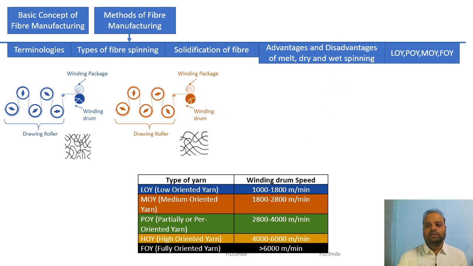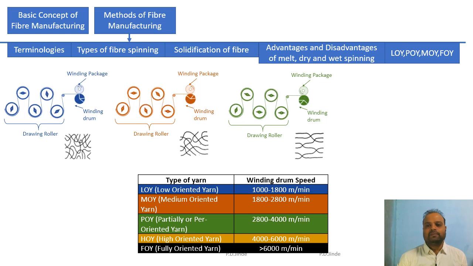In this figure you can see that the winding speed has now been increased compared to LOY and MOY. This winding speed is around 2800 to 4000 meters per minute.